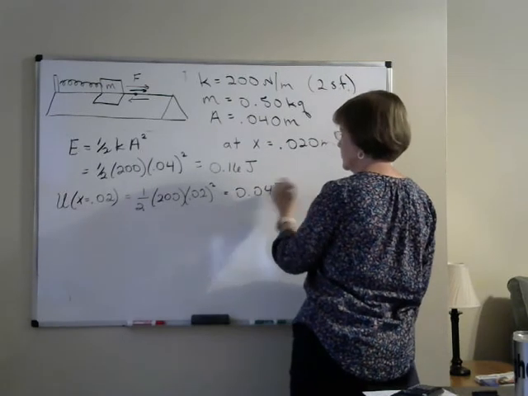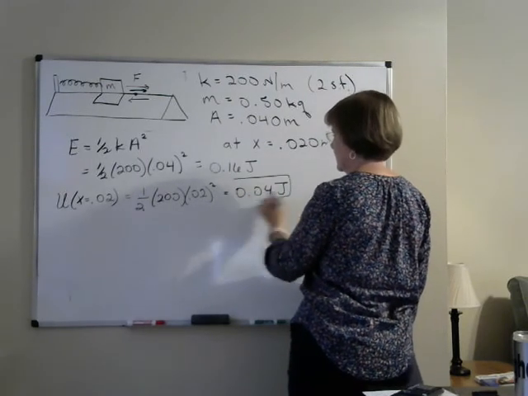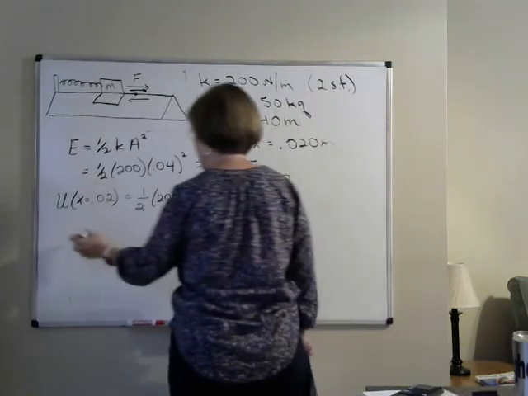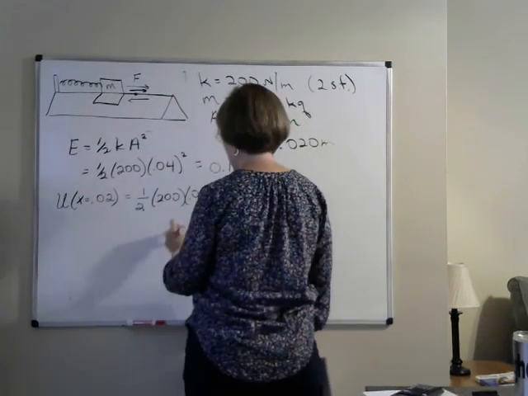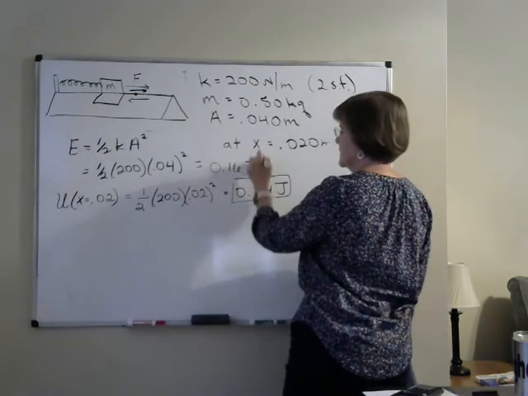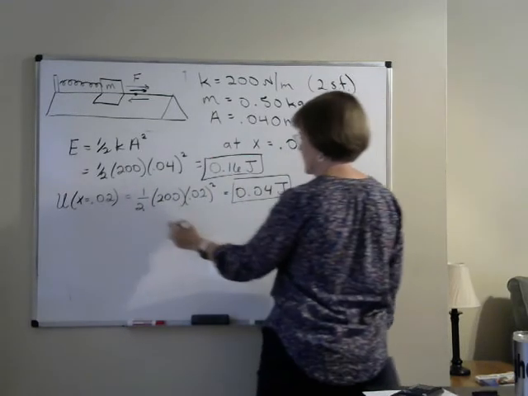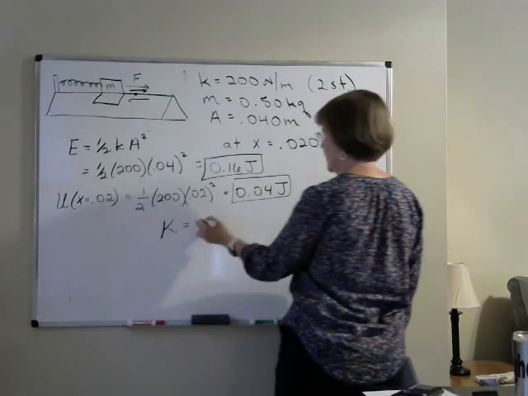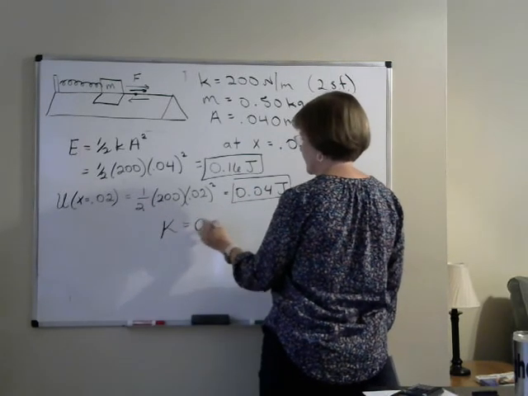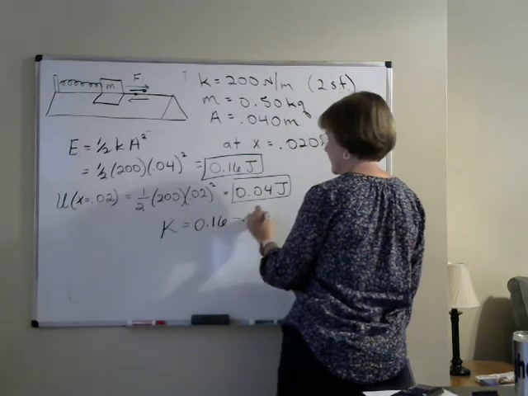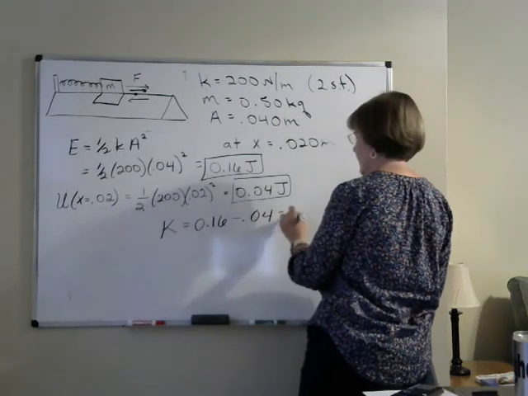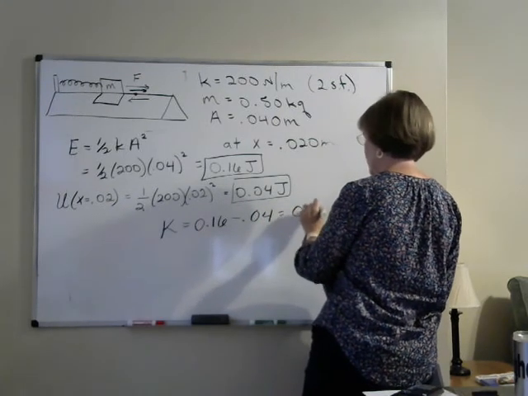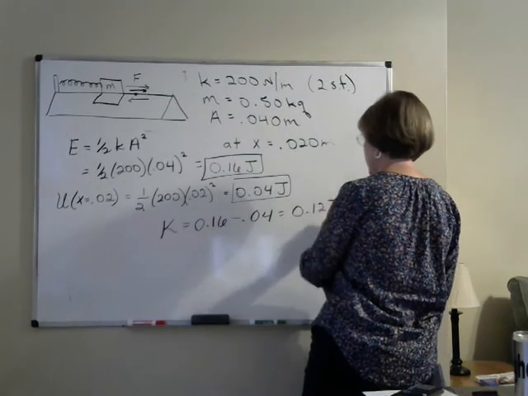That's the potential energy at that point. The kinetic energy, I'm going to get two ways. The easiest way, this is the total energy, is to subtract. The kinetic energy should just be 0.16 minus 0.04, which is going to be 0.12 joules for the kinetic.